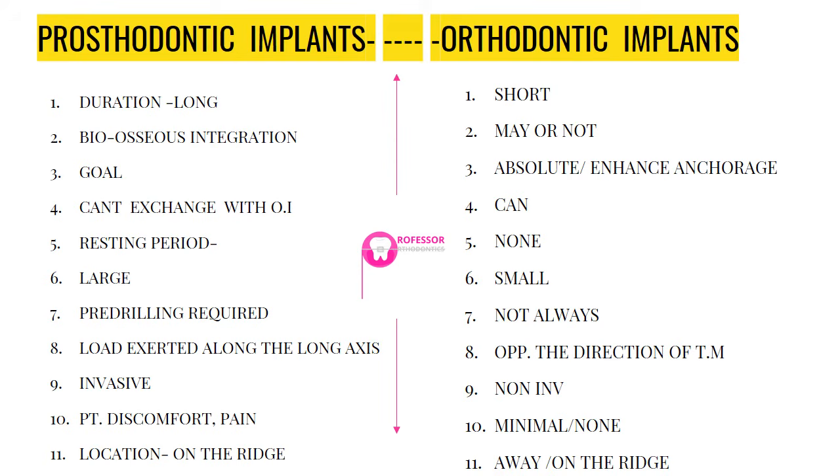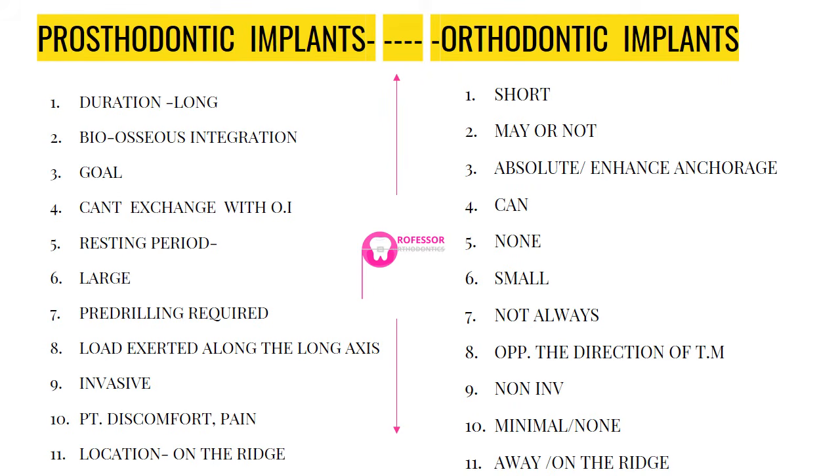In the sense, say you want to retract the maxillary anteriors and the maxillary first permanent molar is missing in this patient, so that patient has an implant in the maxillary first permanent molar place. In such a patient, we can indirectly attach the arch wire to the tooth which has an implant, to the prosthesis, and with the help of that, we can increase the anchorage value of the posterior unit, and hence this prosthodontic implant can also act as an orthodontic implant during the treatment.